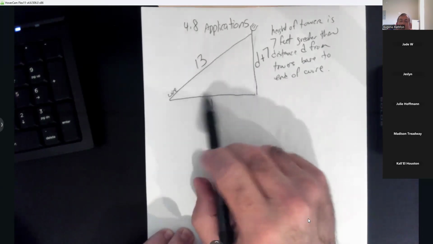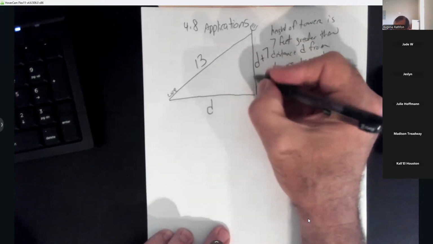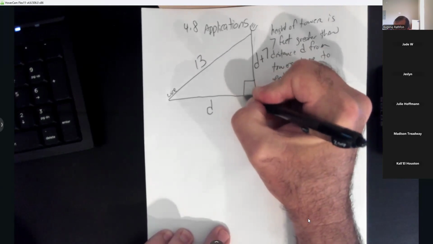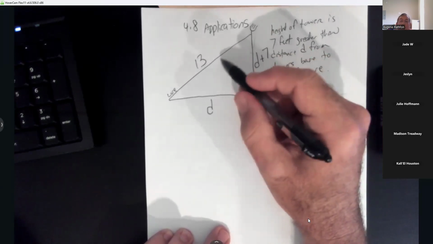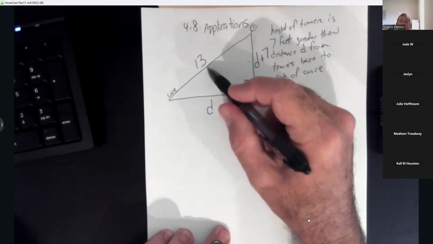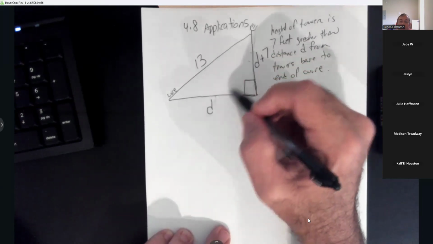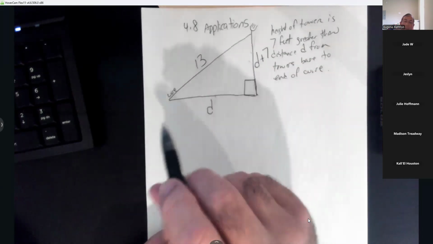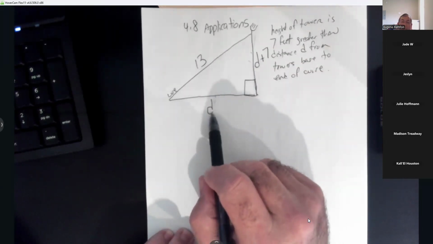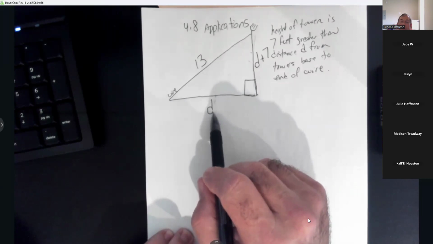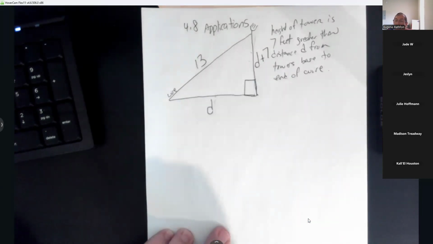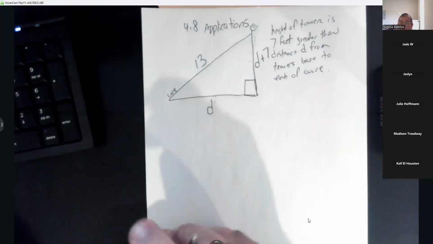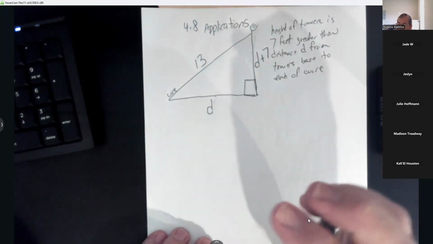All right. So what they want you to realize is you have a 90-degree angle here. That makes this a right triangle. And we got a formula that I can use that relates to sides of a right triangle, and that's going to be the Pythagorean theorem.